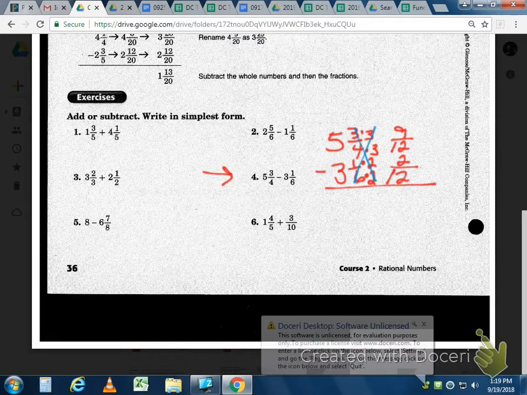So now I've got 5 and 9/12 and 3 and 2/12. So Leanne, 9/12 minus 2/12 would be 7/12. And then 2 and 7, yep, 2 and 7/12. So is that a good final answer? Yes, it is. All right, any questions about that?